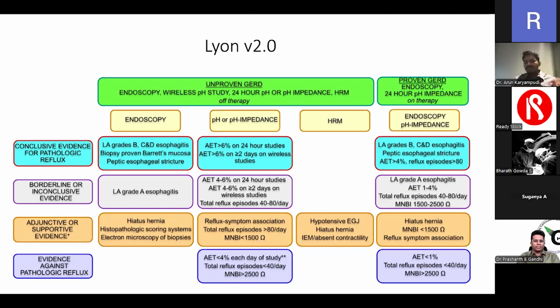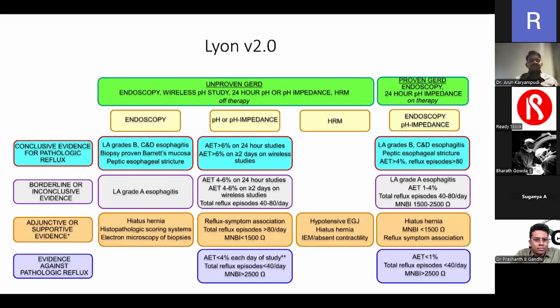When you do a wireless capsule, the acid exposure time is considered abnormal if it is more than 6% on 2 days. You do the capsule study for a 3-day period. Whenever the exposure crosses 6% on 2 days, then this particular patient is diagnosed to have GERD.